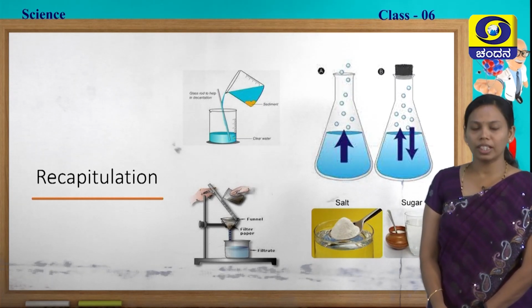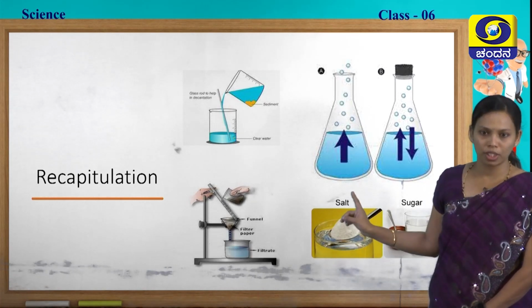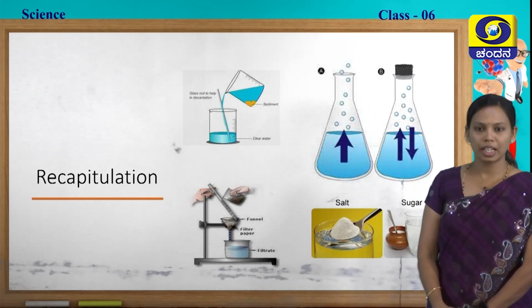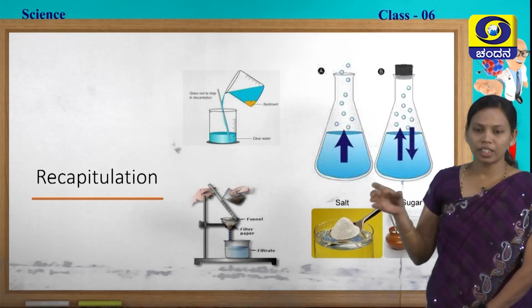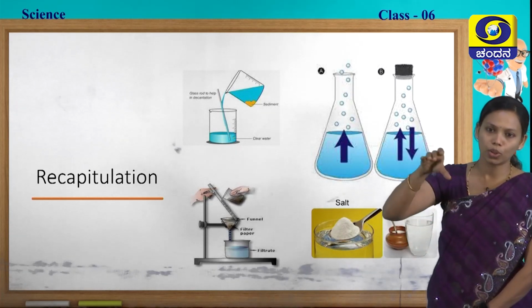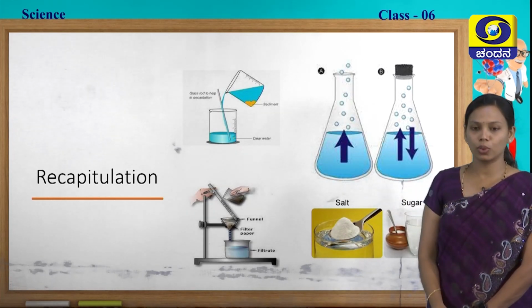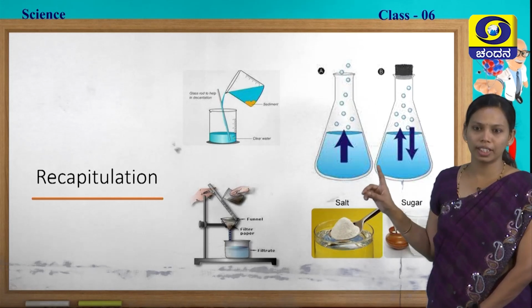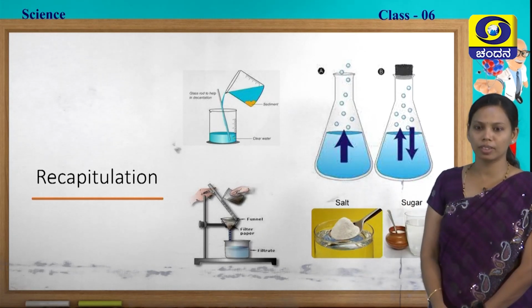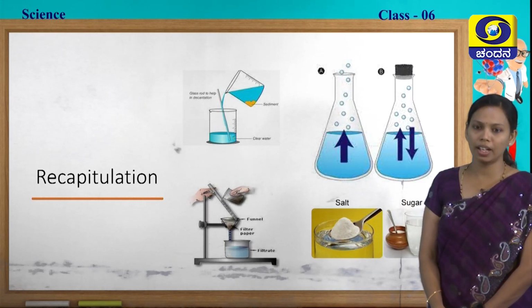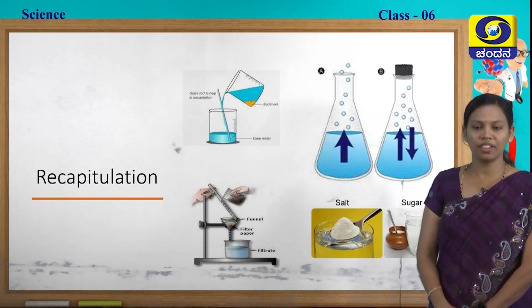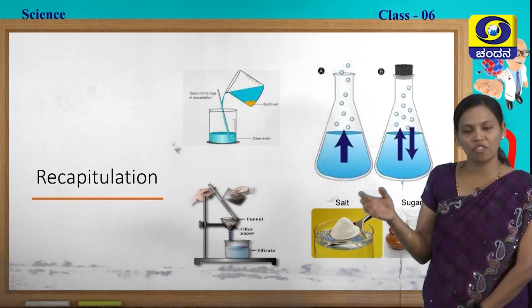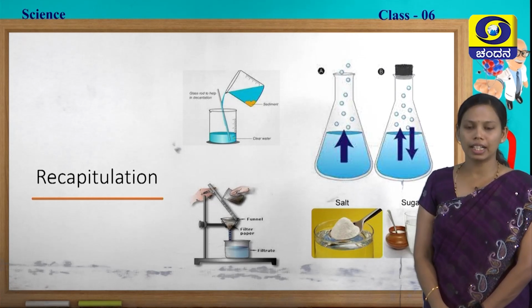Settling down of the heavier components at the bottom is known as sedimentation, and after that we pour that into another beaker, which is known as decantation. Usually we do that in our daily life. After that we have learnt about condensation and evaporation. Usually first the evaporation happens, after that we will do the condensation.